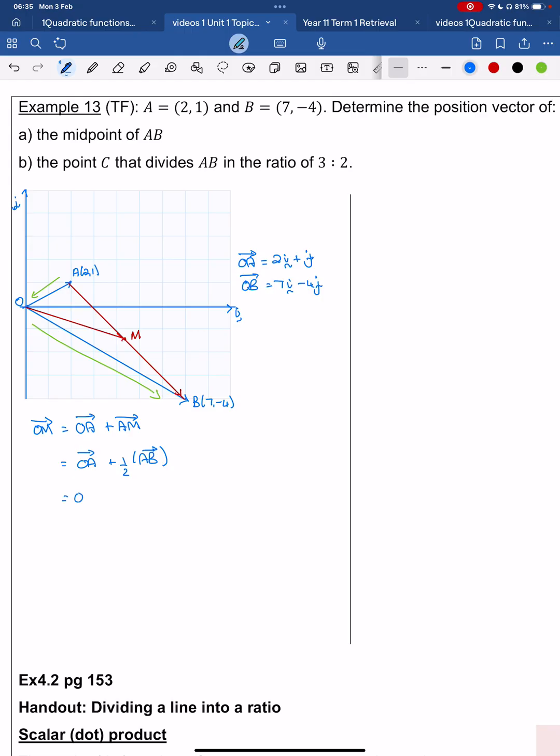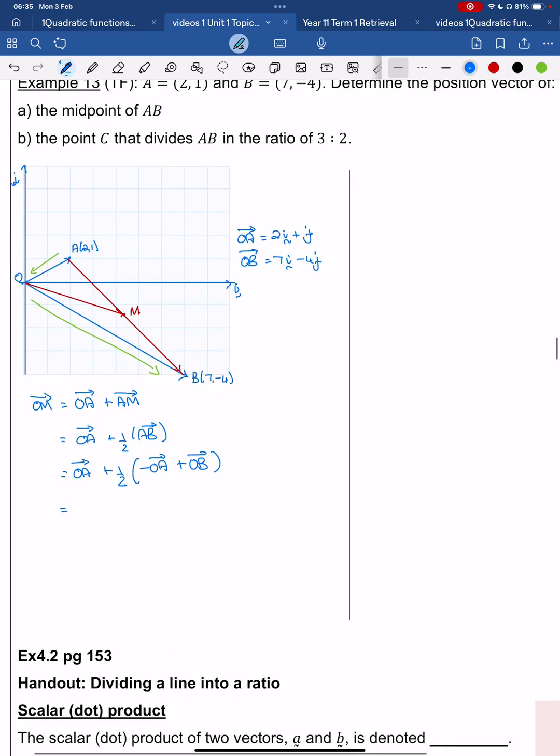So that means I've got my OA over there plus a half times negative OA plus OB, because that's giving me my AB. All right, and now I can simplify that, and I've got OA minus half OA just leaves me with half OA plus half OB.